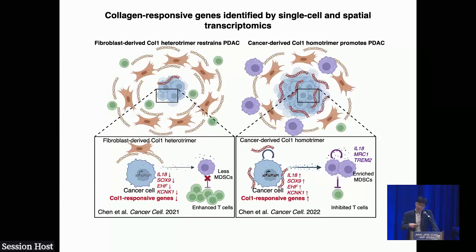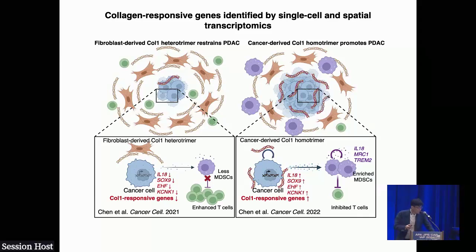So now I have the opportunity to integrate all of these models and sequencing data and cross-compare what might be the universal responding gene signature of the type 1 collagen homotrimer versus heterotrimer. So I screened for a variety of genes. I called them collagen 1 responsive genes.